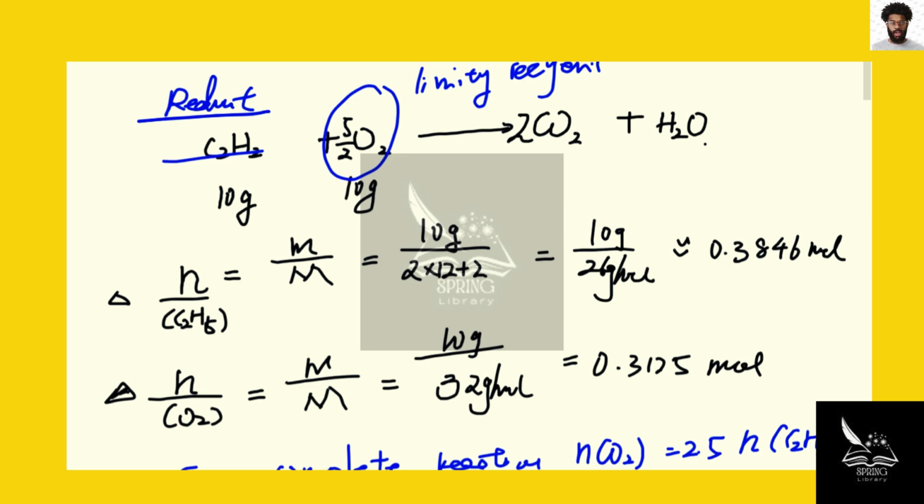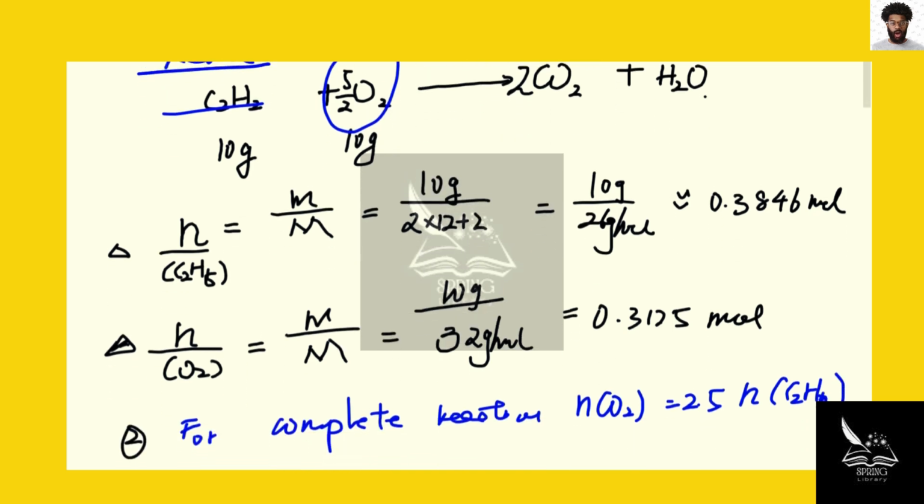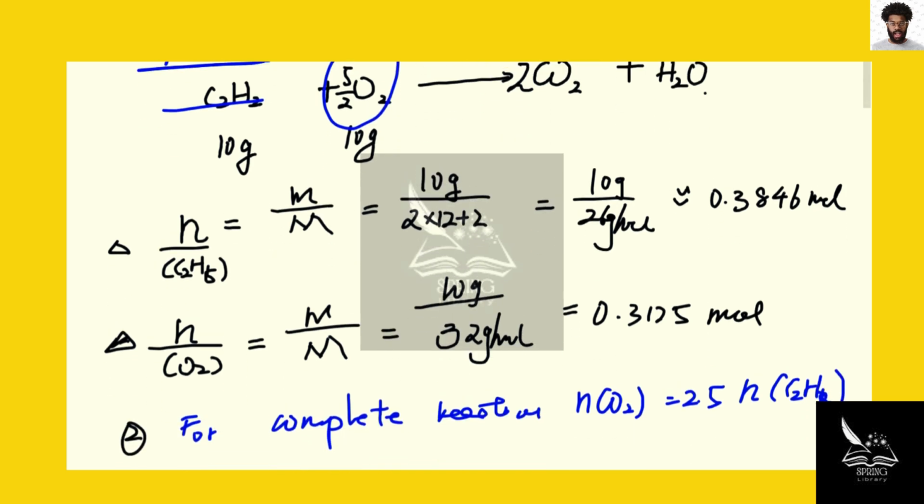So now, also just from the chemical equation, you can see every time you produce 2 moles of carbon dioxide, you are consuming 2.5 moles of oxygen.